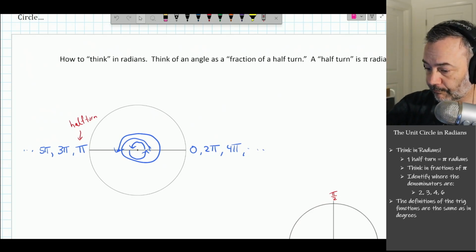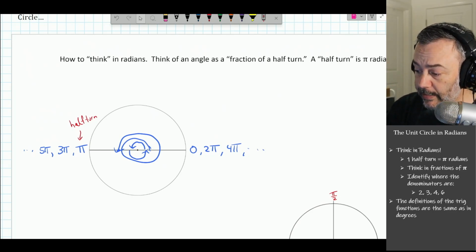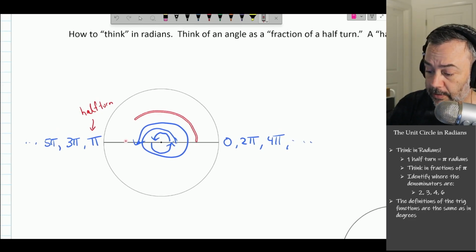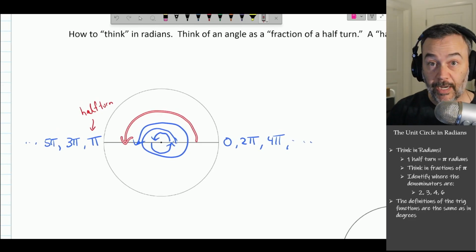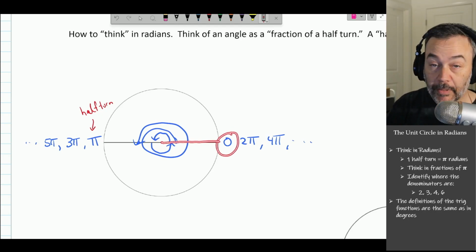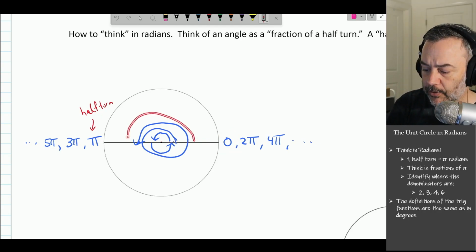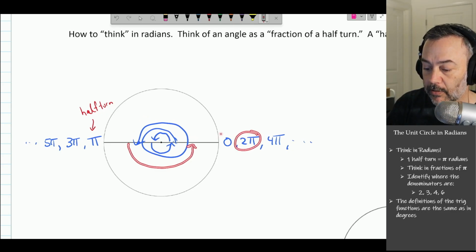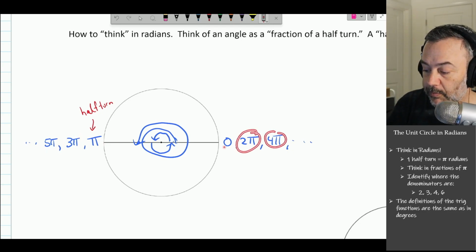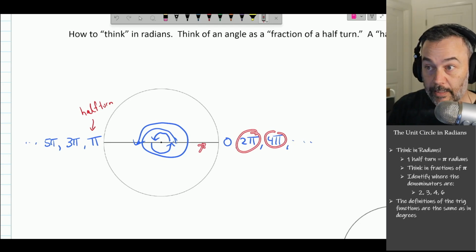Okay, so how do we think in radians? Well, we did this in class, so I'm reviewing what we did in class. First off, a half turn in radians is pi. So 0 radians is the same as 0 degrees. A half turn is pi. 2 half turns is 2 pi. That's a full turn. And then the odd multiples of pi terminate on this terminal side, and the even multiples of pi terminate on this side.